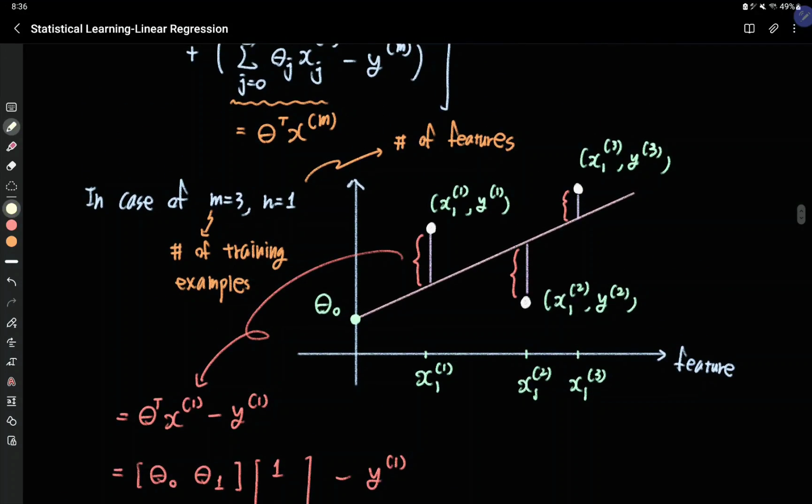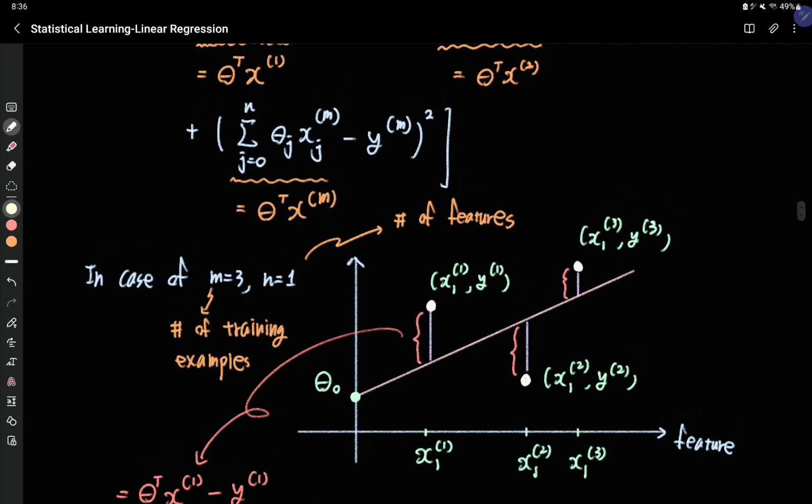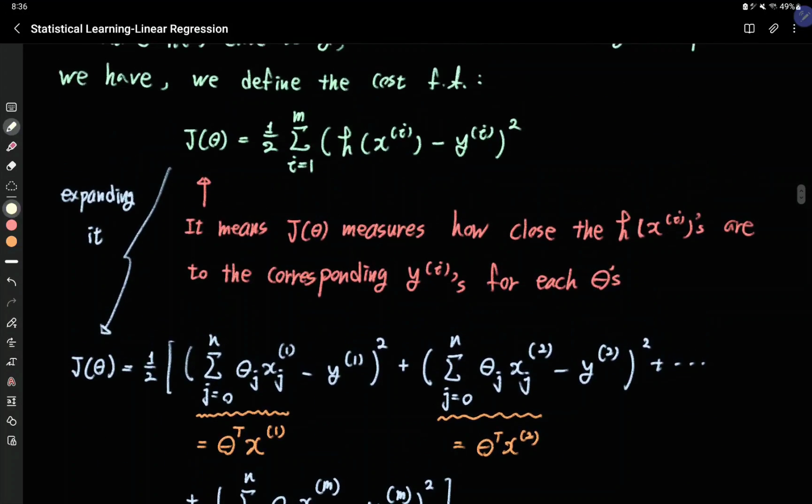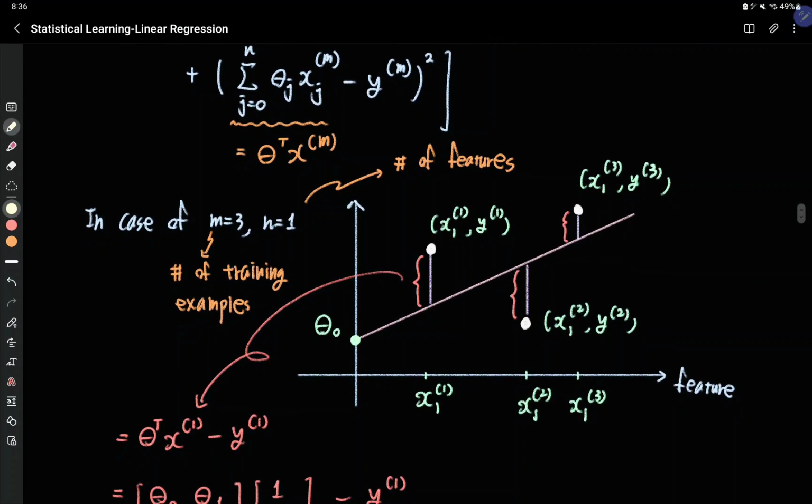So then what are we going to do? Determining theta means that we want to find the best line that minimizes the sum of these distances. That's the meaning of J of theta, the cost function in linear regression, and that's what we have to do.